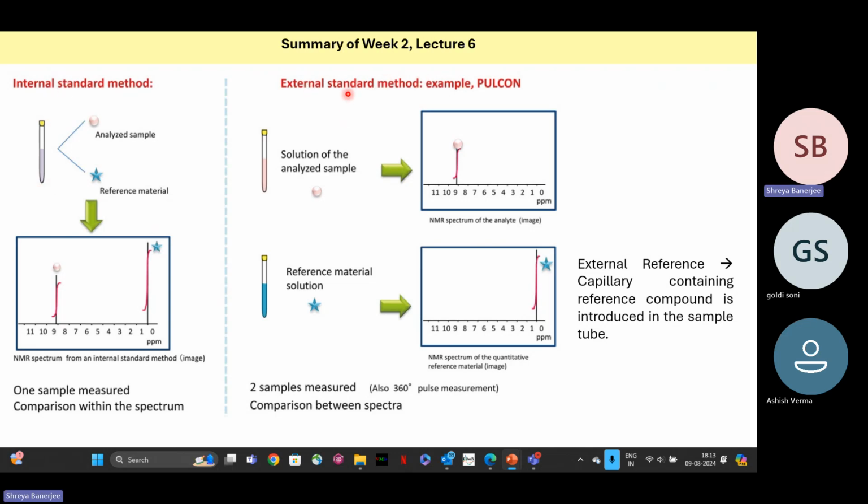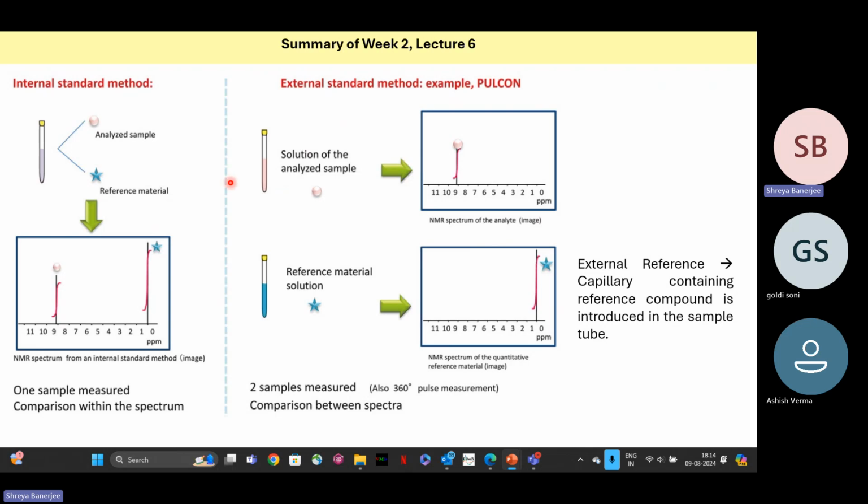The other method is called an external standard method. In this case, you have two different sample tubes. In one you have the sample that you want to analyze, and in the other you have the reference material solution. Both are put in the spectrophotometer and two different spectra are obtained. Then you can compare these two spectra and assign the chemical shifts of the sample based on the chemical shift of the reference.